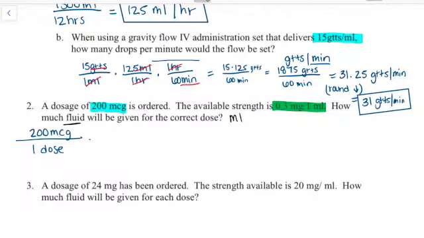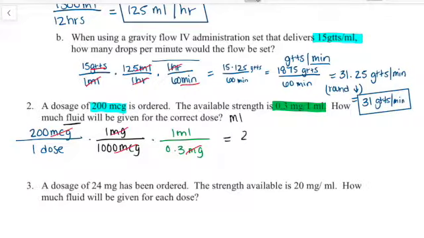Available strength is in milligrams, so we need to convert micrograms to milligrams. So 1,000 micrograms is equal to 1 milligram. And available, we have 0.3 milligrams per 1 ml. And now we can cancel out micrograms and milligrams. So our final answer will be in mLs. So up here we have 200 mLs over 1,000 times 0.3 is 300.